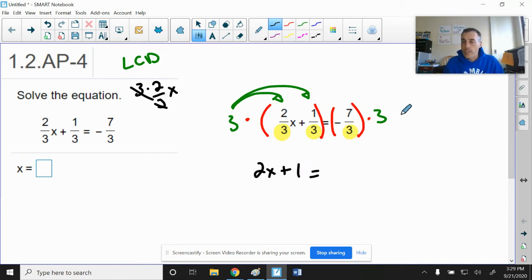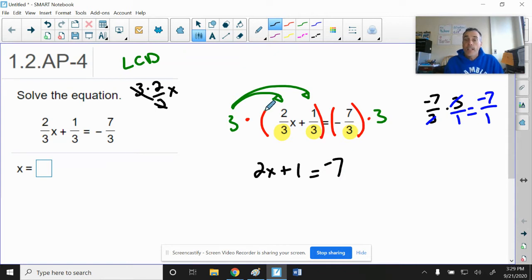And negative 7/3 times 3, if I were to try to do that by hand, I would think that I would put the whole number over 1, and I would either multiply straight across and then simplify, or maybe I would do that cross-canceling trick that I remember. So I'm going to get a negative 7 over 1, or simply negative 7 as my final answer.